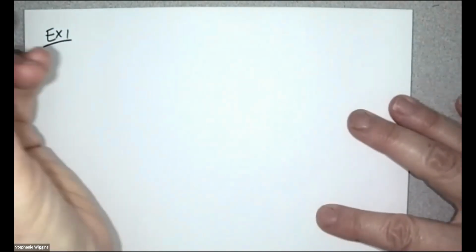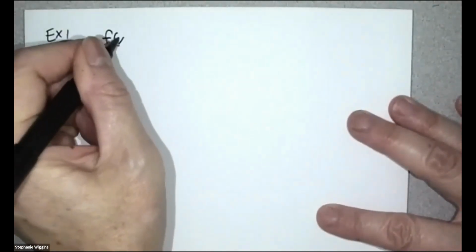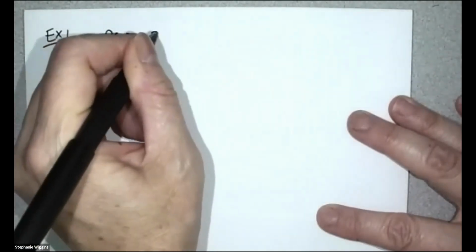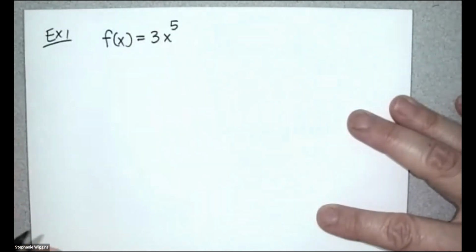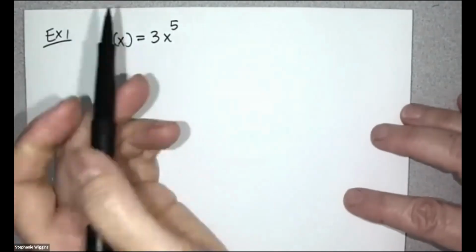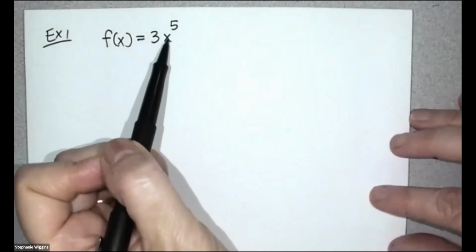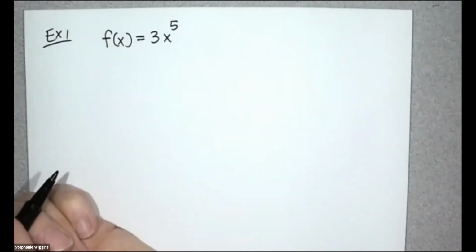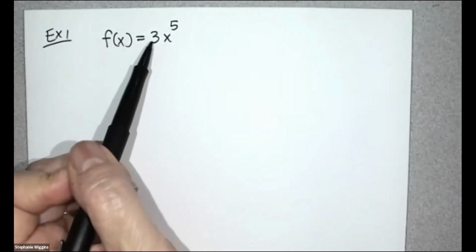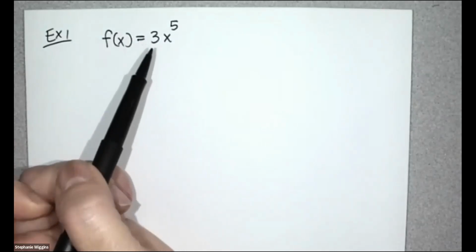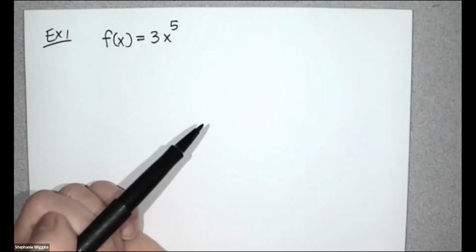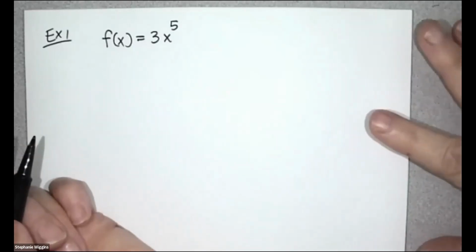But with our first example, let's suppose we have a function f of x equals 3x to the 5th power. Your hint there, because we have a power on x, is to use the power rule. But we also have a constant out front, so we're going to use a combination of the constant multiple rule and the power rule.